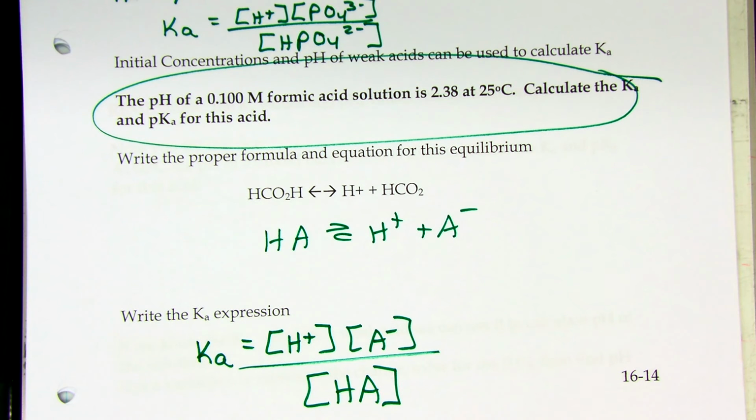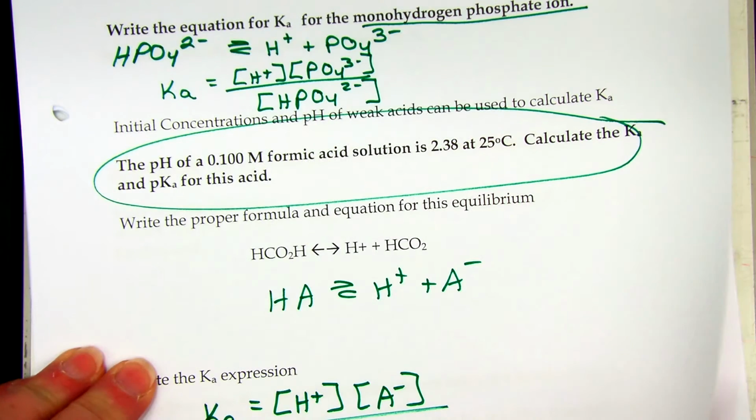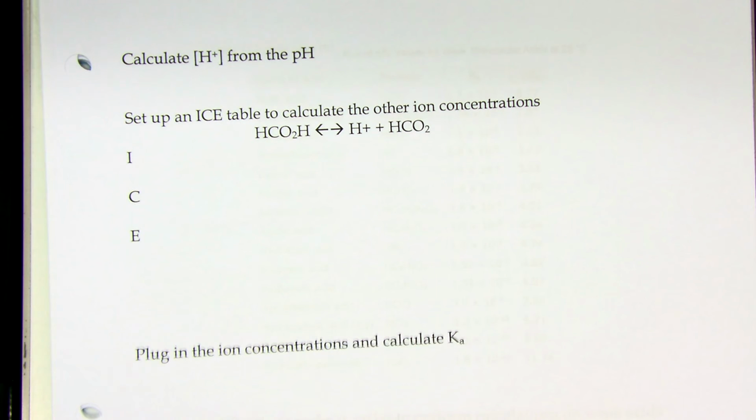What does pH represent here? It's the negative log of the hydrogen ion concentration, and it's the equilibrium hydrogen ion concentration. So, since I know the pH, I can find the hydrogen ion concentration. And then I could figure this out.